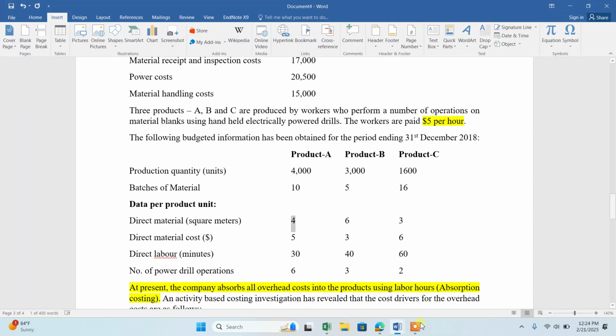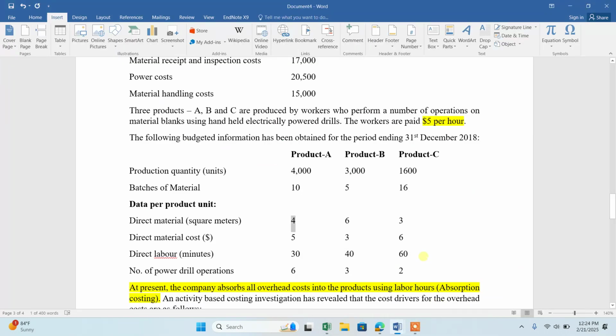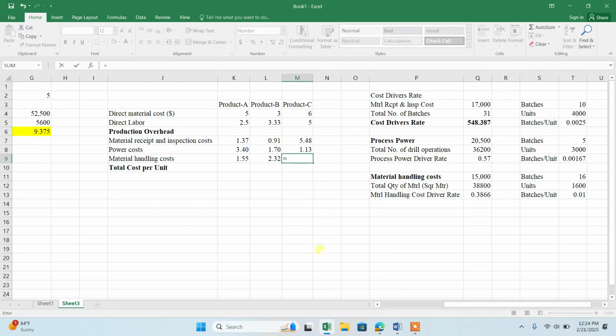We need 6 square meters, and 1 square meter costs me 0.3866. Product C requires 3 square meters to produce one unit, and 1 square meter costs me 0.3866.